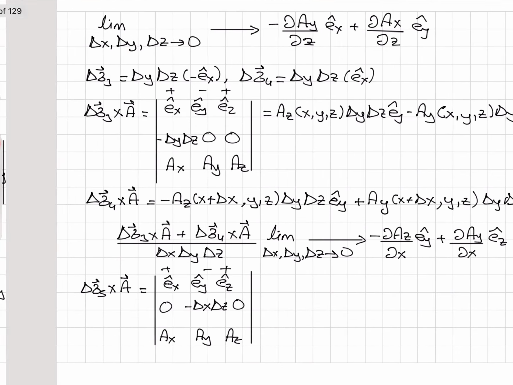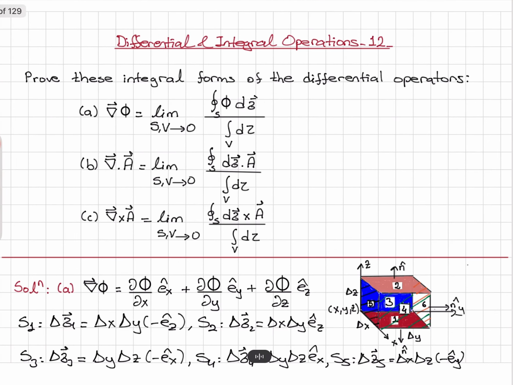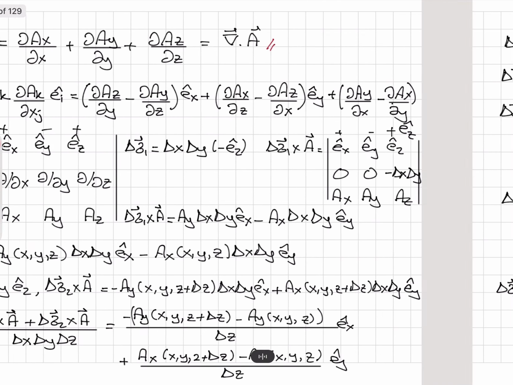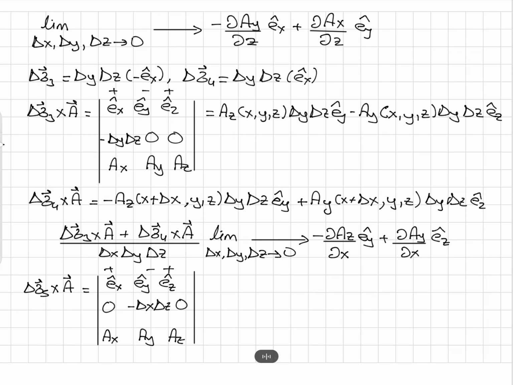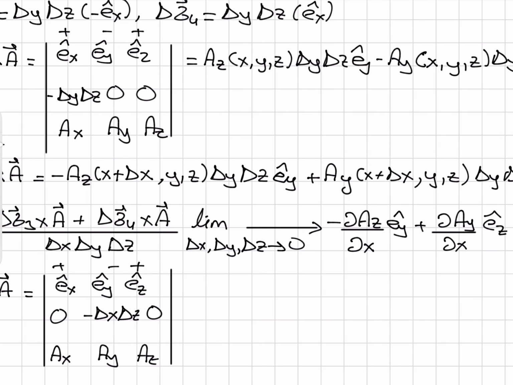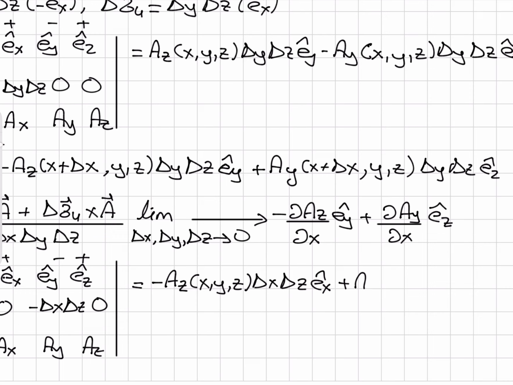Delta sigma 5 is here, minus delta x delta z ey hat. So that's exactly right. And this gives us minus Az evaluated at xyz, delta x, delta z, ex hat, and plus Ax evaluated at xyz for surface 5, delta x, delta z in ez hat direction.